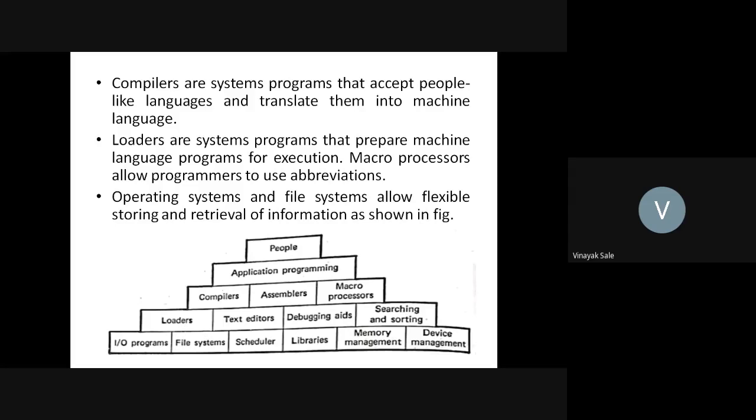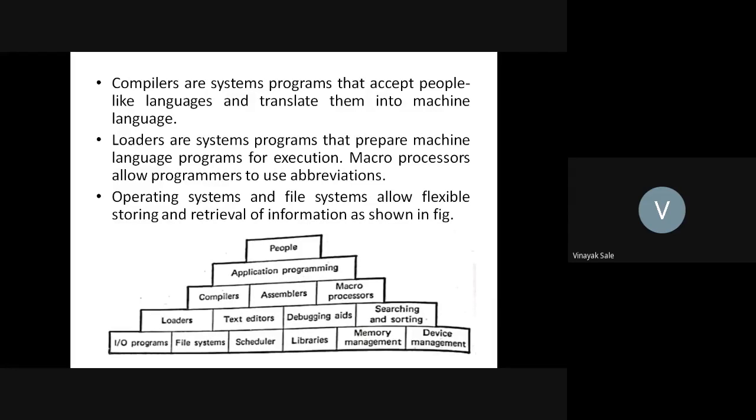So here int is used as an abbreviation in the macro processor, and that allows the programmer to use an abbreviation instead of the full word integer. Similarly, in case of character also, we are using char, not the full word. So this macro processor allows the programmer to use abbreviations, short forms.